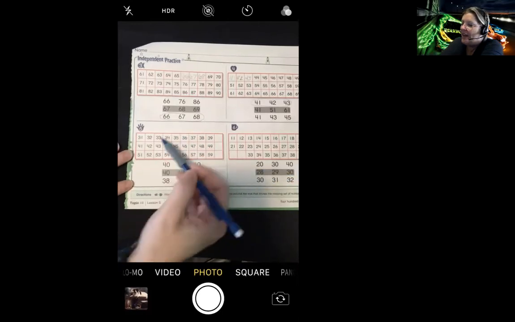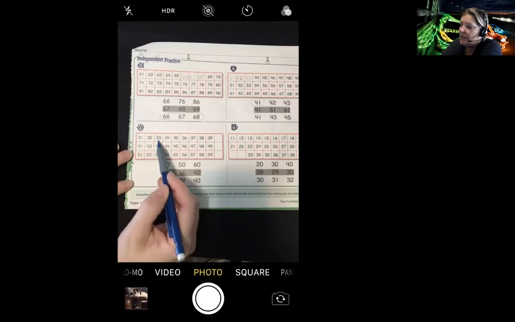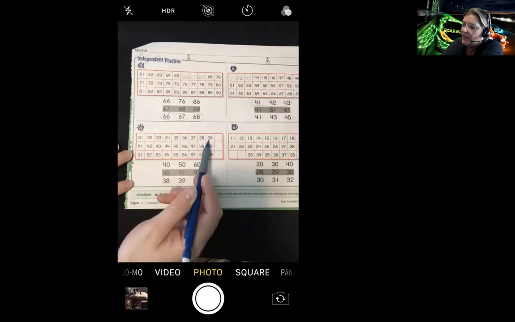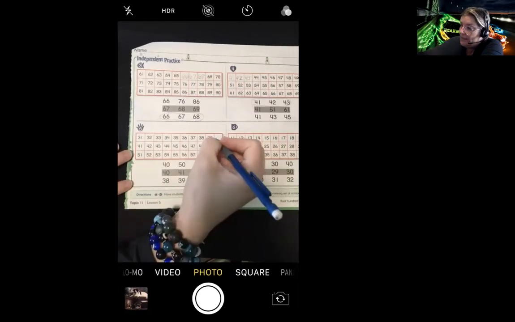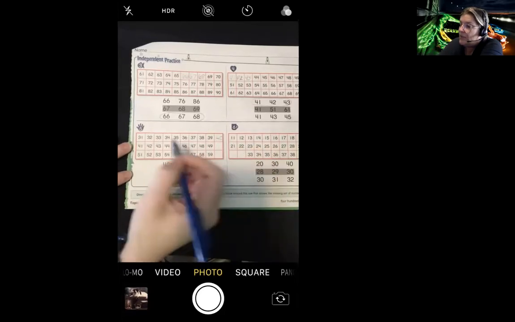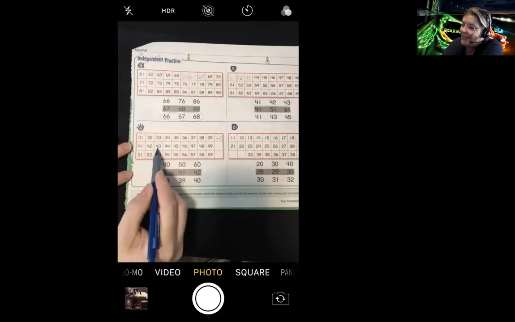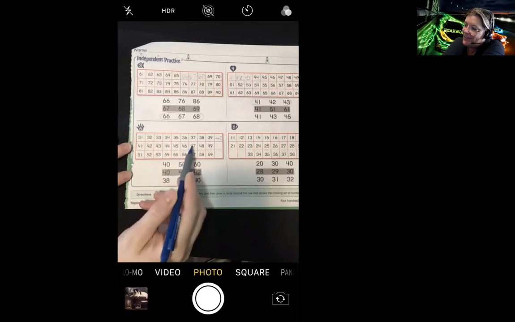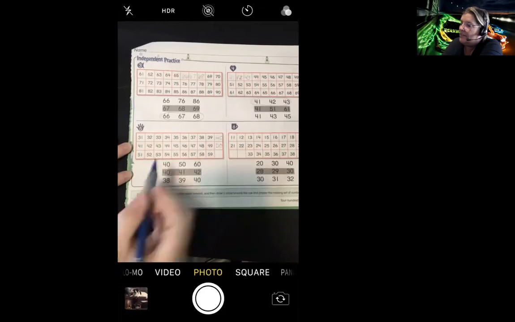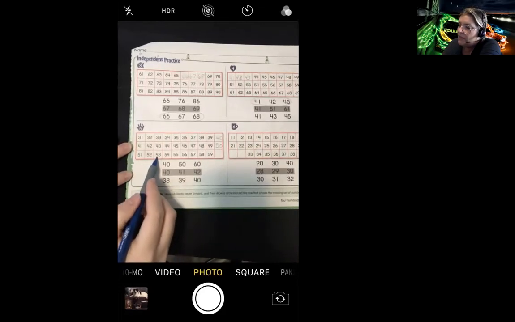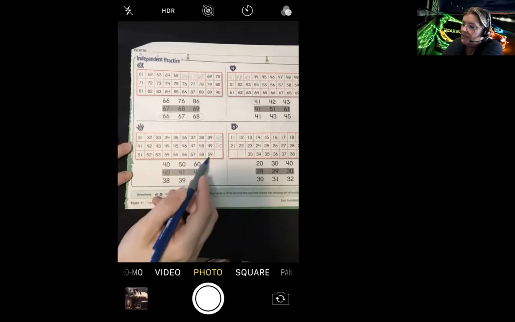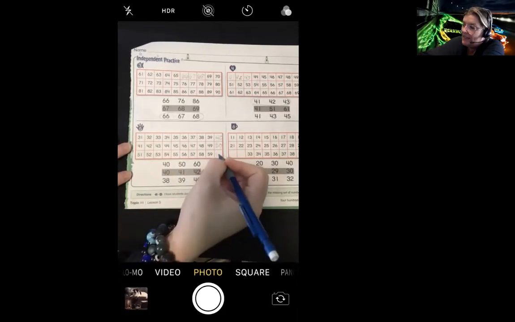So let's count. 31, 32, 33, 34, 35, 36, 37, 38, 39, 40. And then we could do 41 through 50, and 51 through 60.